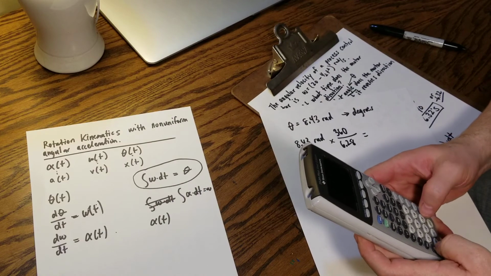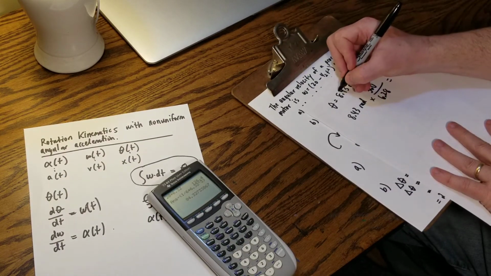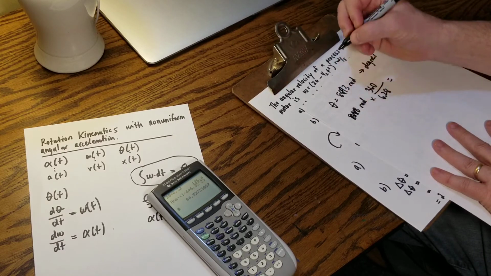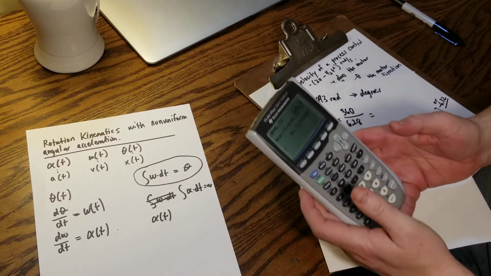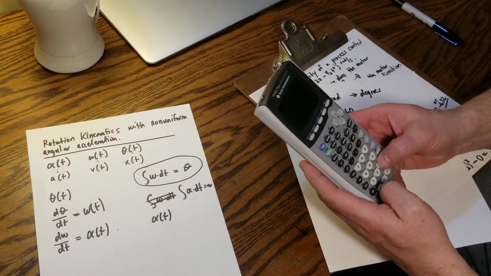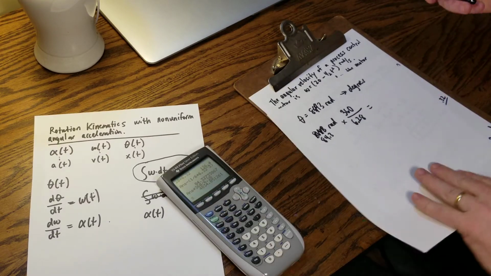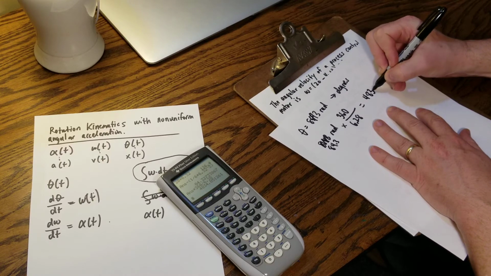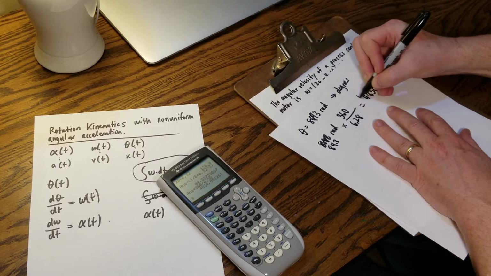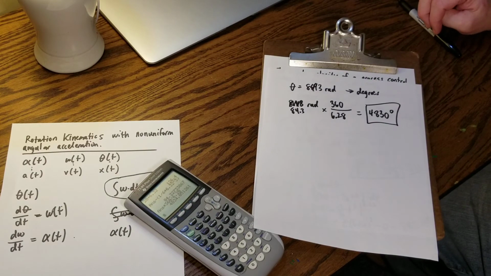So we take our 84.3, times 360, divide by 6.28, and it goes through a total of 4,830 degrees. That is how many degrees it had to go through.